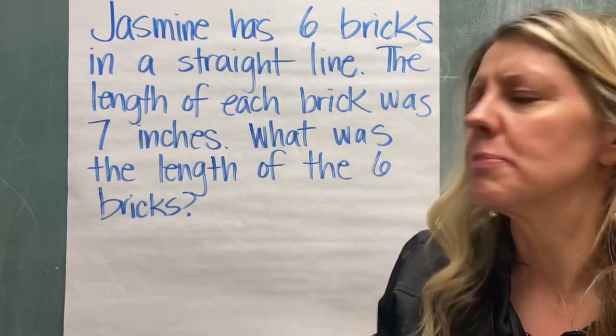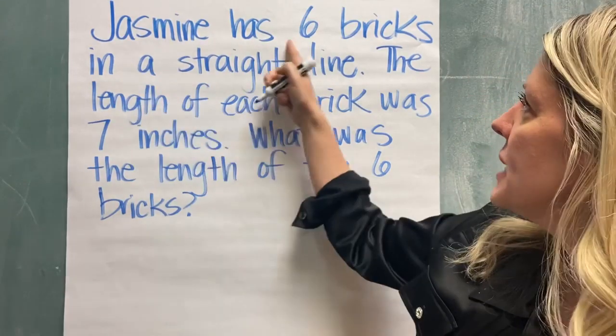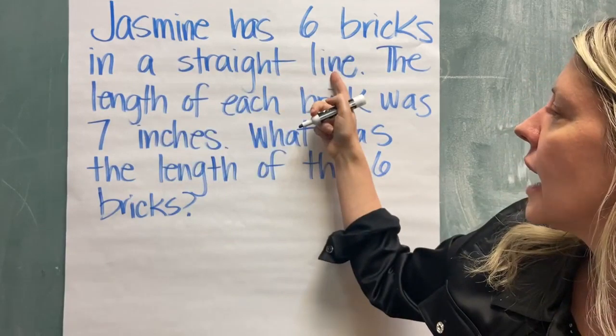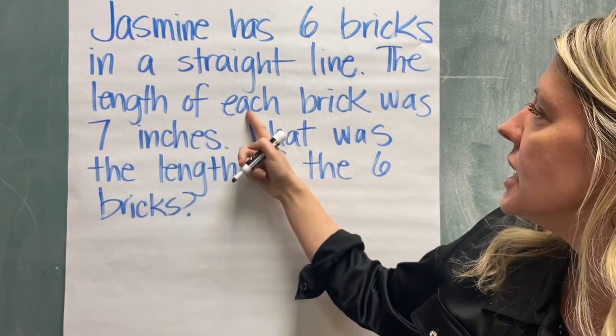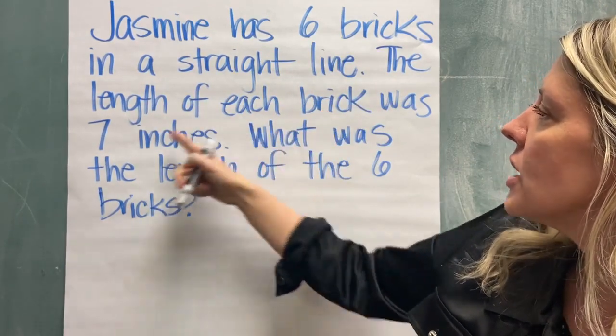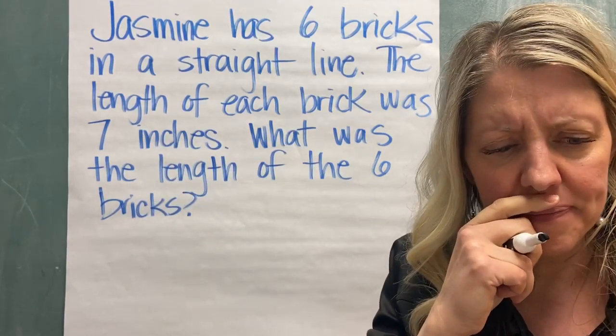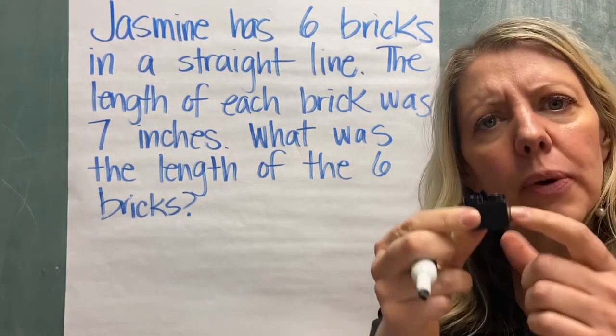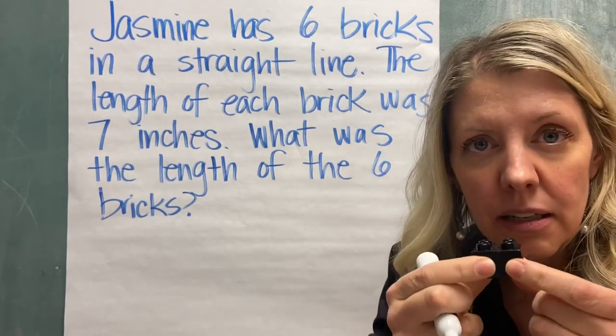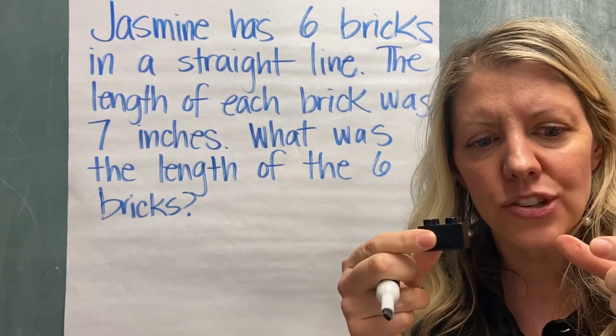Okay, let's keep going. Jasmine has 6 bricks in a straight line. The length of each brick was 7 inches. So each brick that she has is 7 inches.